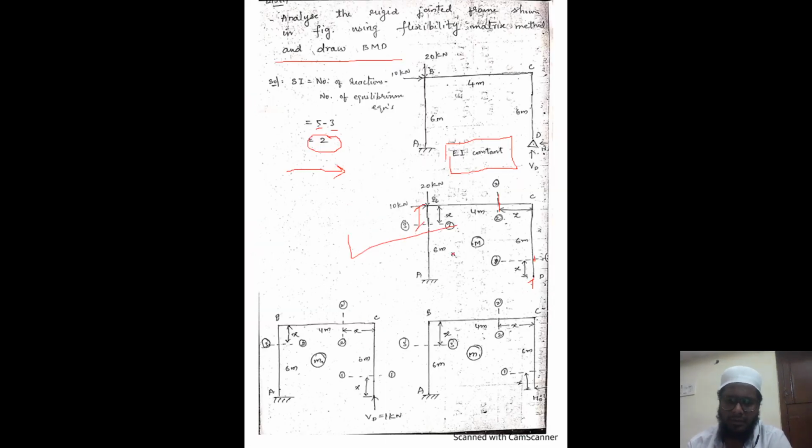If you go towards the member AB, you can see here we have two loads acting, one in the horizontal direction and one in the vertical direction. We all know that when the line of action of a force passes through the section, the moment will be equal to 0. So the 20 kilonewton is passing through the center of the section, so my moment will be equal to 0, whereas the 10 kilonewton load is going in clockwise direction.